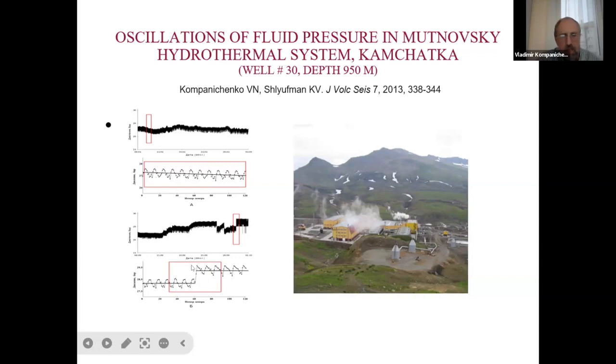We can see at least two levels of fluctuations: irregular macro fluctuations and more or less regular micro oscillations of pressure and temperature.